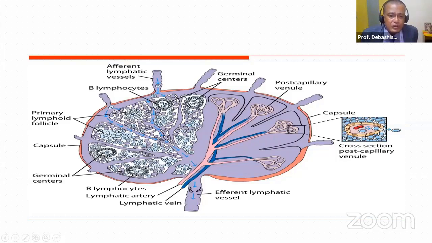Under the capsule we have a germinal center, as you can see, with a lot of B lymphocytes, and you have primary lymphoid follicles as shown here. This is the capsule. So this is an oversimplified picture of the lymph nodes.